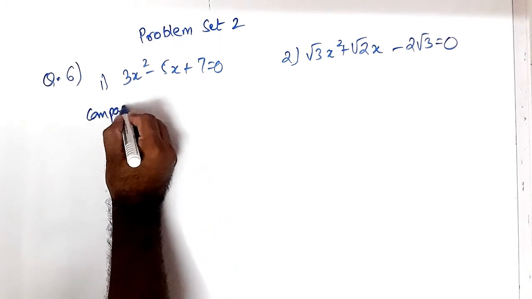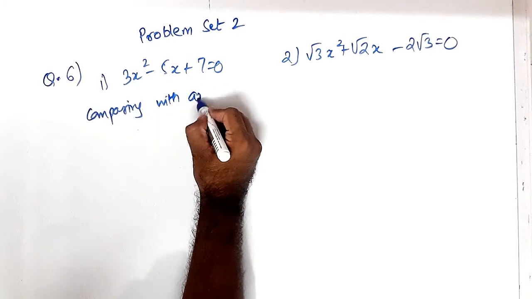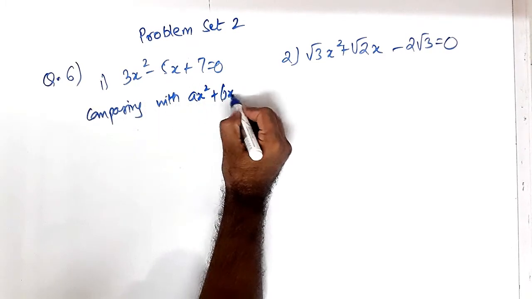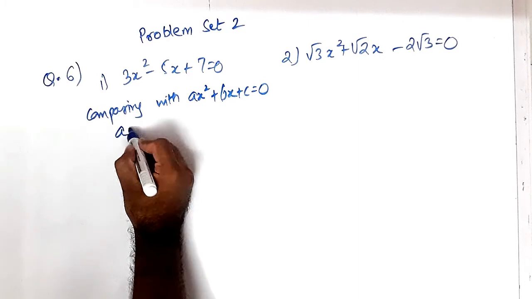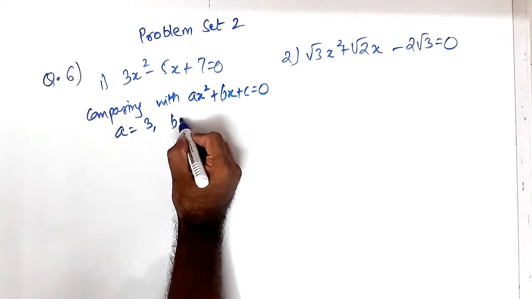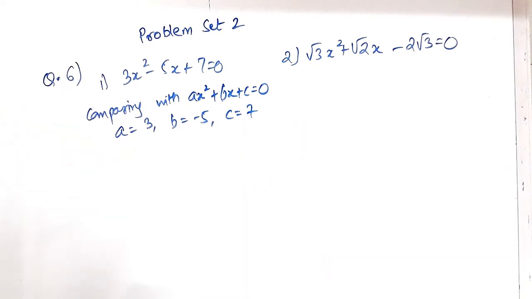Comparing with ax square plus bx plus c equals 0, we get a equals 3, b equals minus 5 and c equals 7.